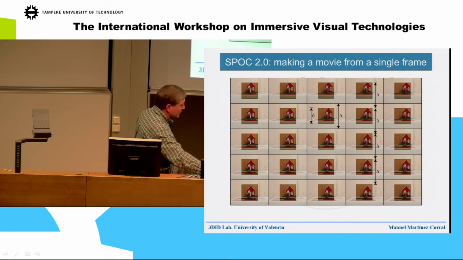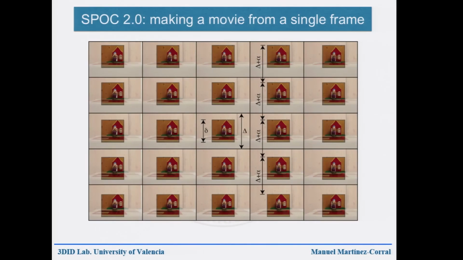So then we can make something like this. We can shift the window center, or we can make the window bigger and smaller. And these are examples.